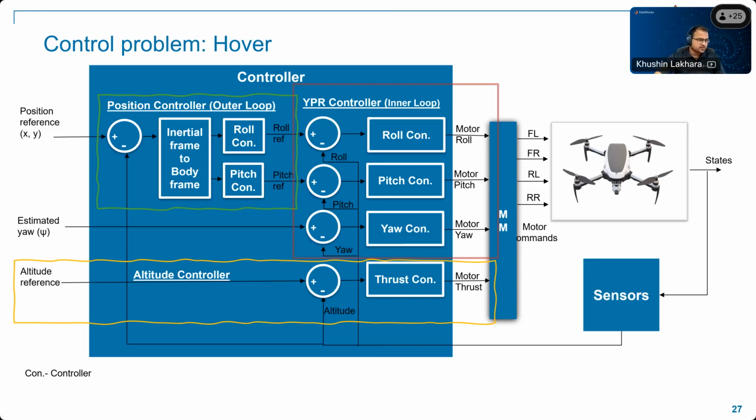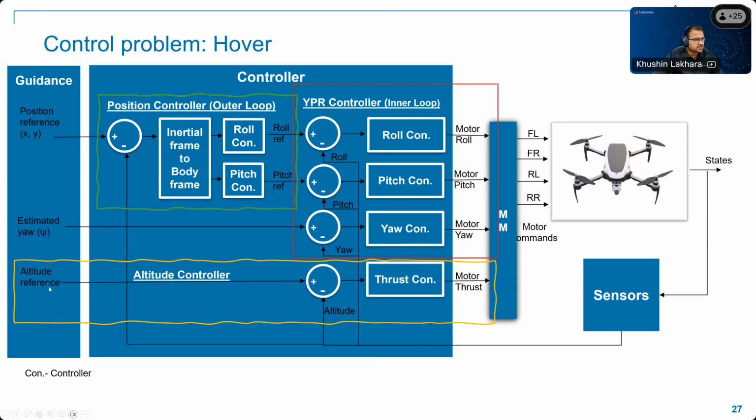Okay. In the case of autonomous missions, these are generated by your guidance algorithms. The guidance algorithm gives your vehicle autonomous mission capabilities. We will talk about how these guidance algorithms are generated and how they work.